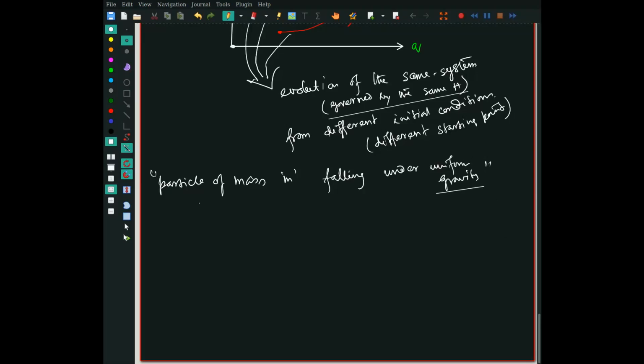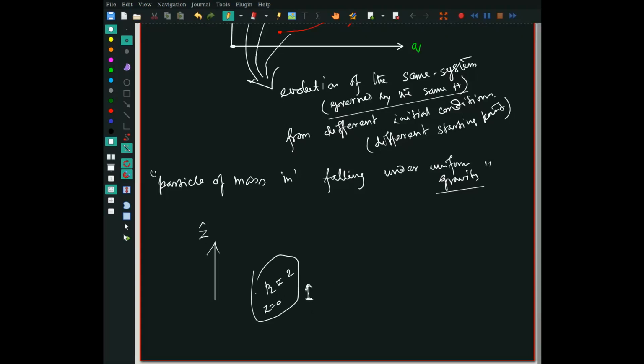Suppose we are considering only vertical motion. If you initially throw the particle upwards, in this direction, this is my positive z direction, then pz has a positive value, let's say 2 gram meter per second, and it starts at z equals 0.